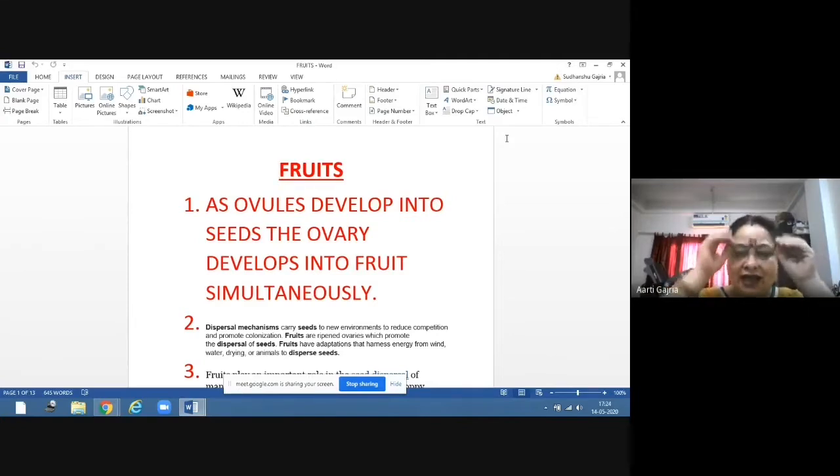Once the fertilization is complete and the development of the embryo starts, the petals, sepals and androecium shed down, and the ovary gets converted into fruit. You must have observed this. It's a natural phenomenon that first flowers come on the plant, and then after some time the flowers shed down and fruits come. So these fruits are the ovary of the flower.